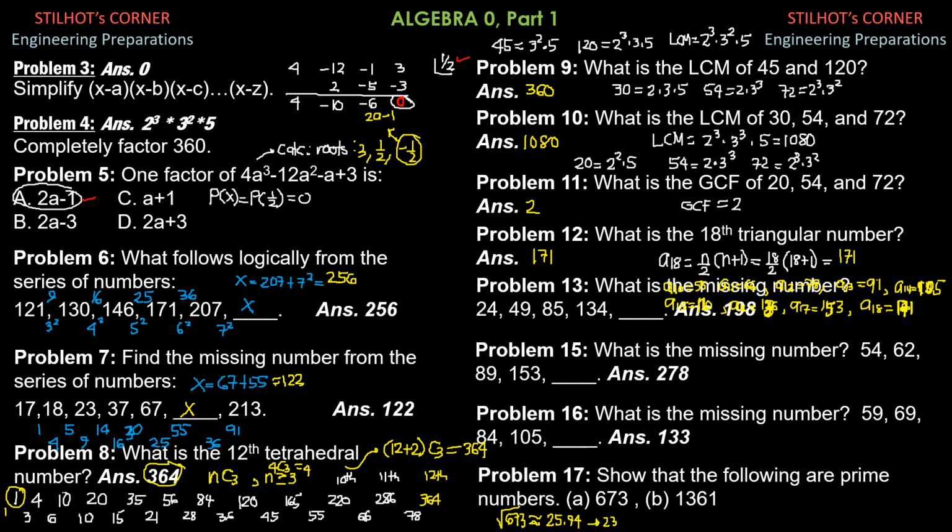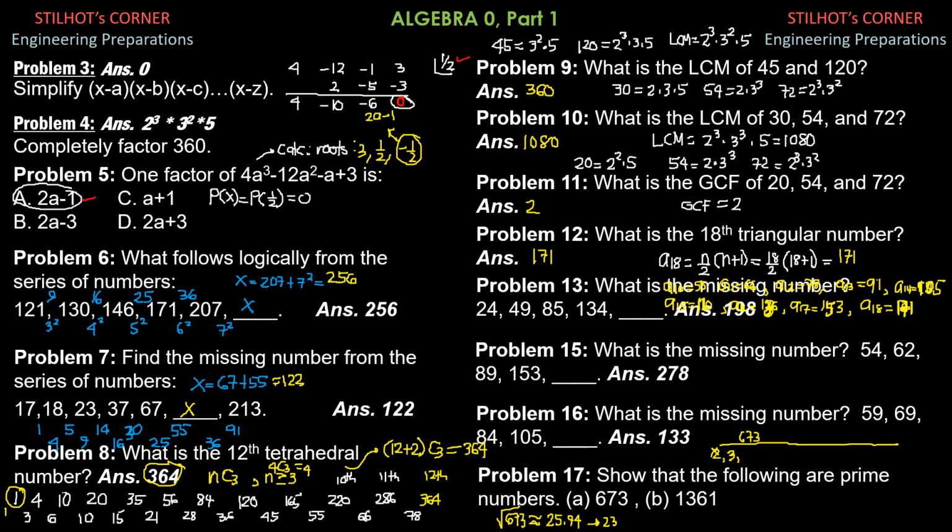So that means 673 should be divided by all prime numbers from 2 to 23. But we bypass 2 because 673 divided by 2 is not a whole number. So you begin with 3.